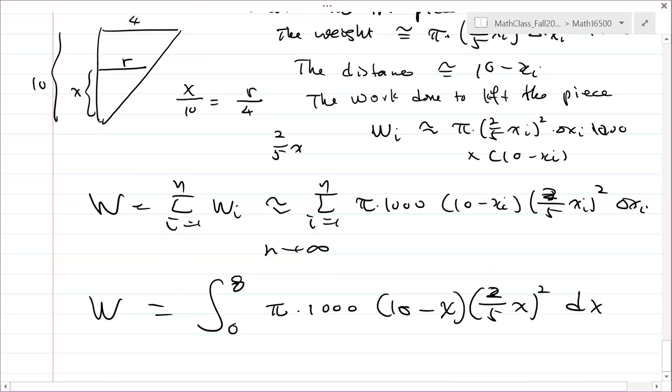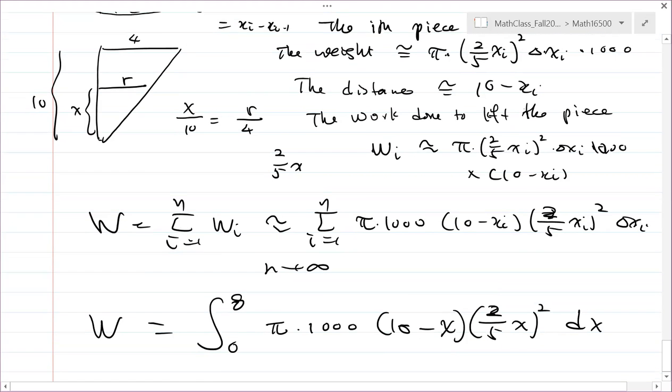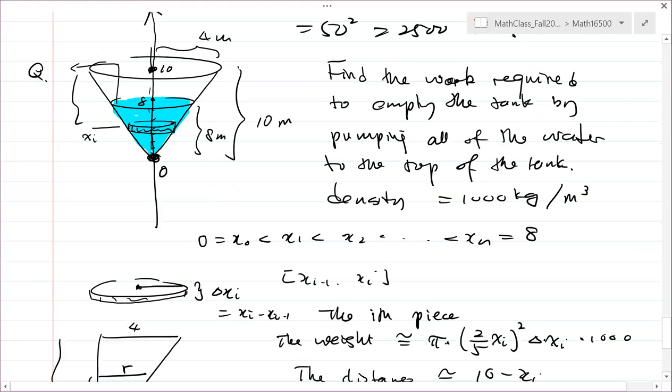Cut it in slices. Okay, and then move each slice from one location to the target. So yeah, it's liquid, but you can imagine it's just solid, right? Liquid can be solid, just like ice, you know. And then you lift those slices. Imagine this is just no difference, right? Pump the water out or lift the solid to the top.